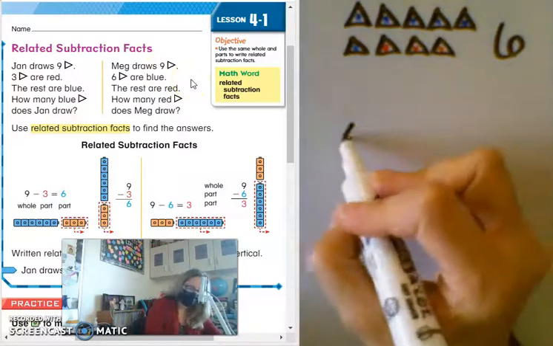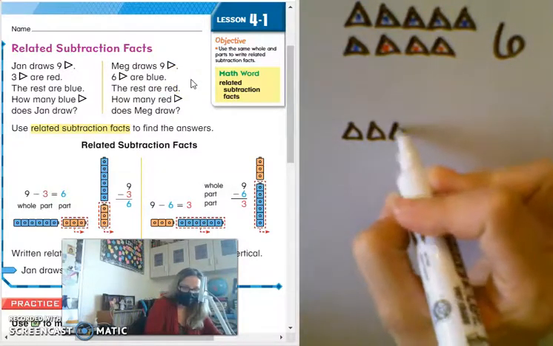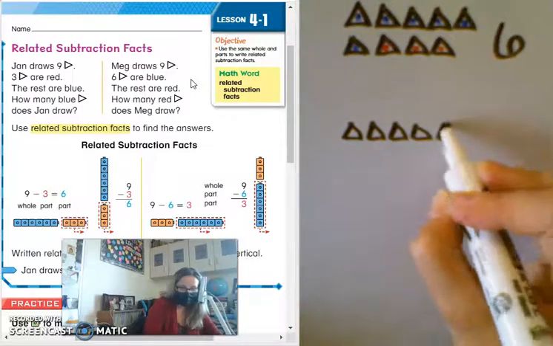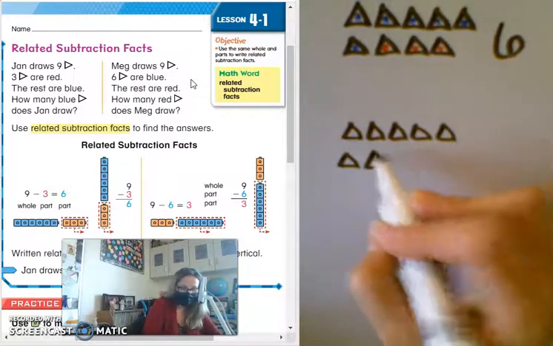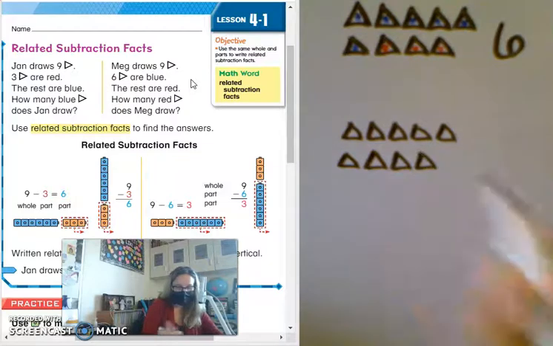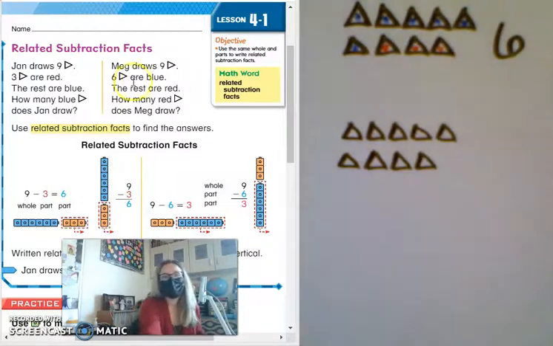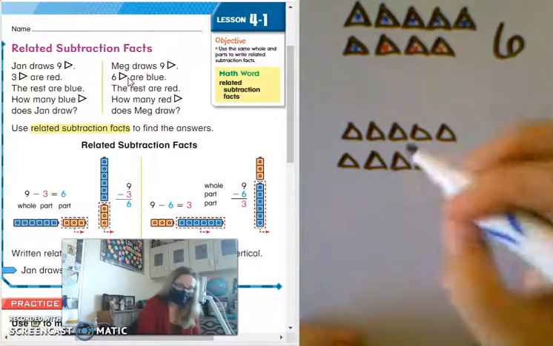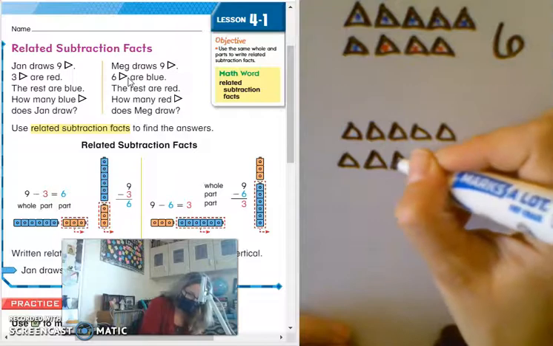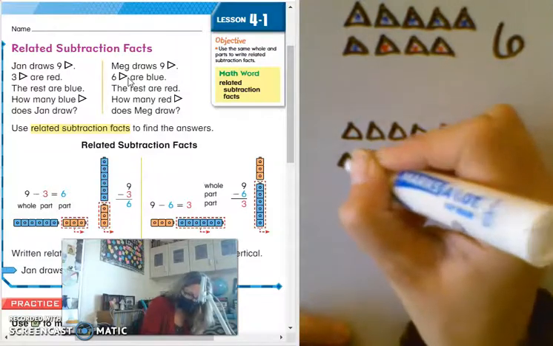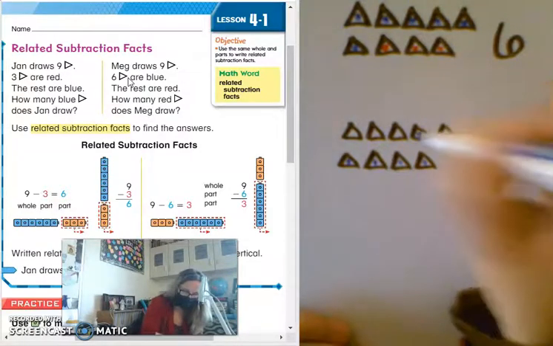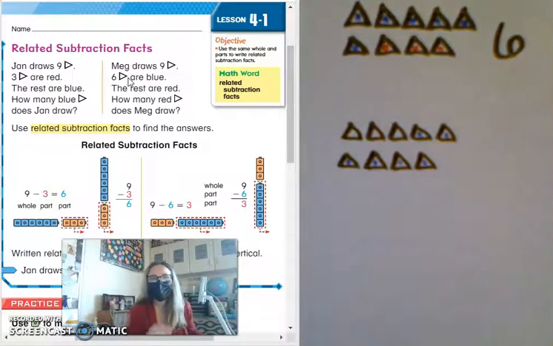Count with me. 1, 2, 3, 4, 5, 6, 7, 8, 9. It says 6 are blue. So let's do 6 blue. Here we go. 1, 2, 3, 4, 5, 6. And the rest are what color, Faith?